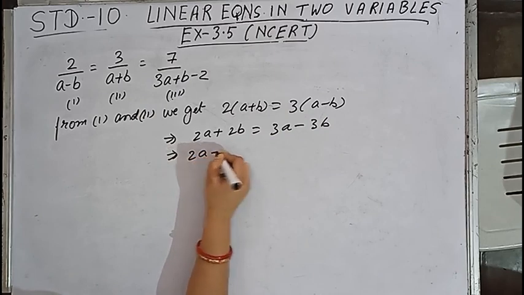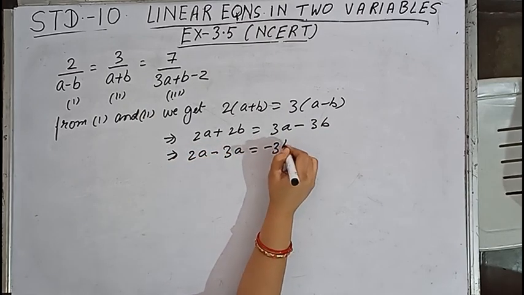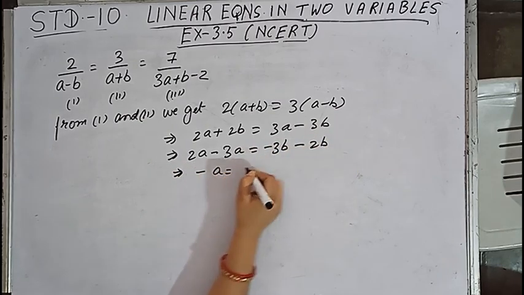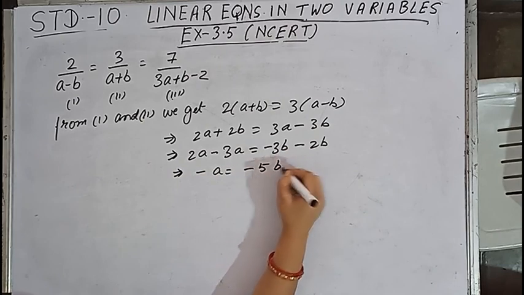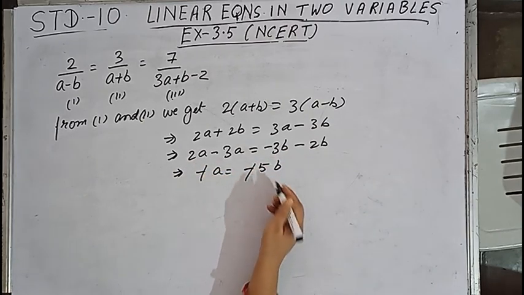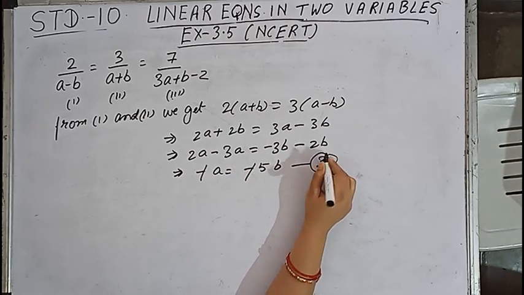This implies 2a - 3a = -3b - 2b. This implies -a = -5b. Minus minus cancelled, so we are getting a = 5b. Let us make it equation number 3.